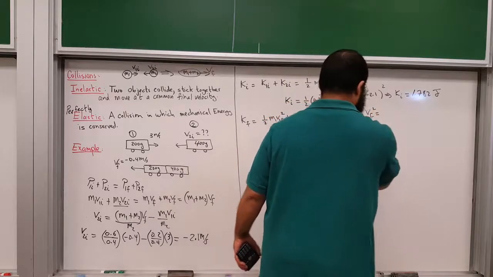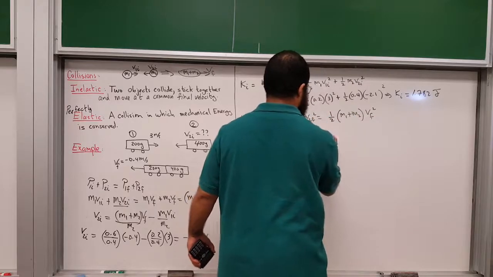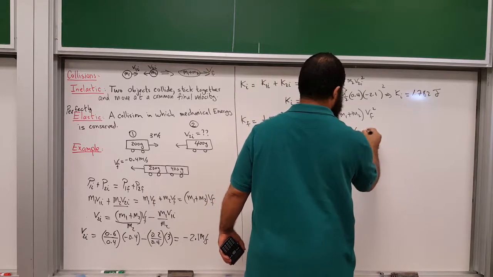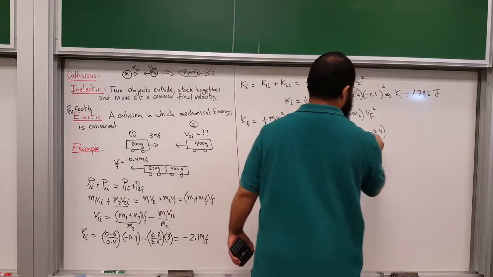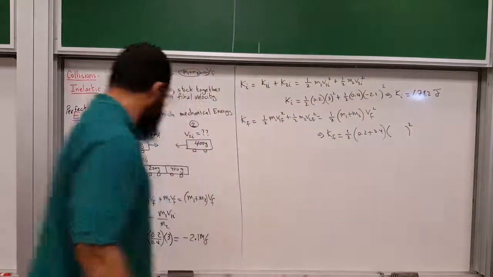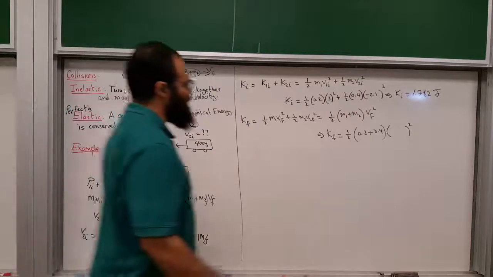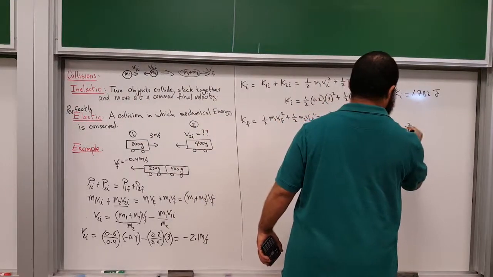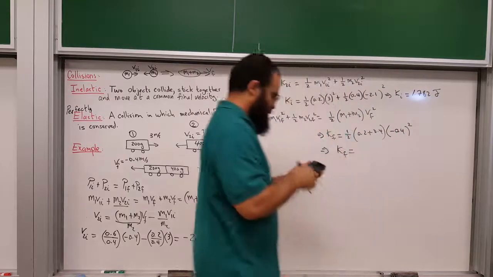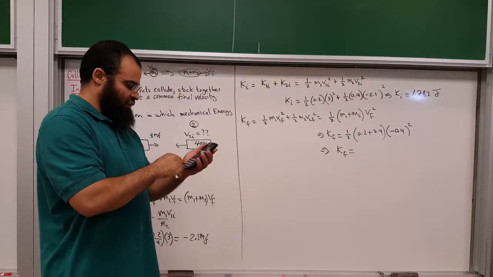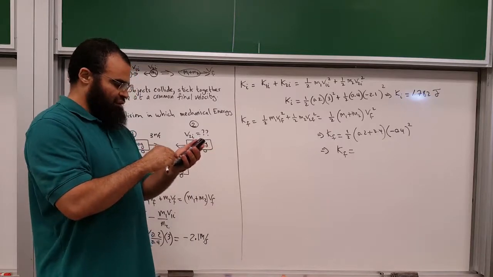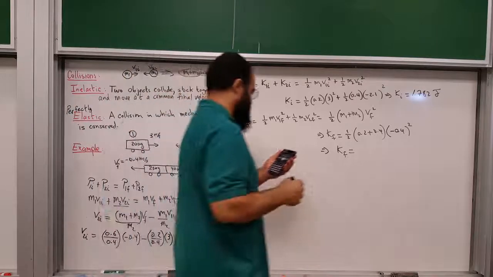So K final will be 1/2 times (0.2 plus 0.4), since one of them is 200 grams and the other is 400, and then v final is negative 0.4, so 0.4 squared. And we get K final would be 0.048.